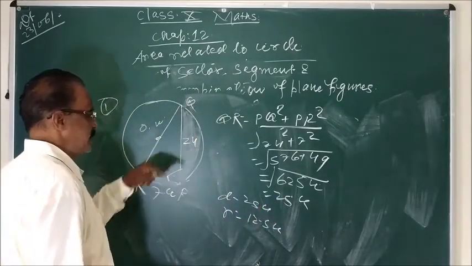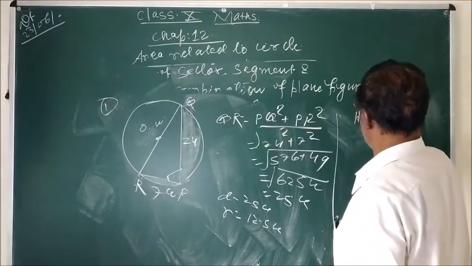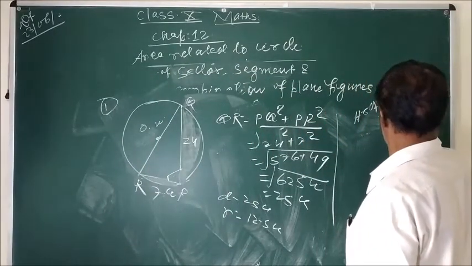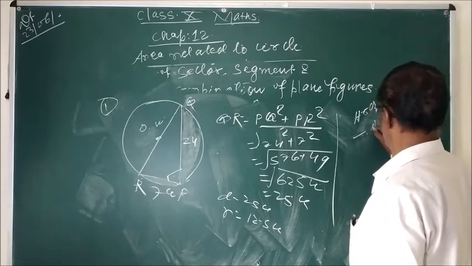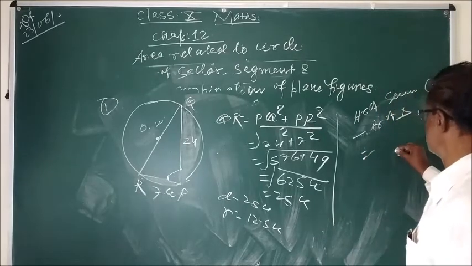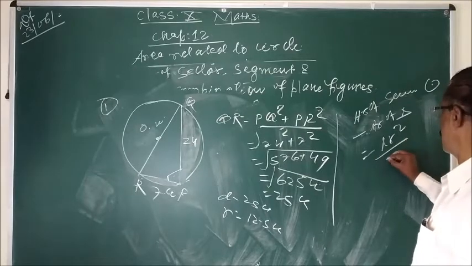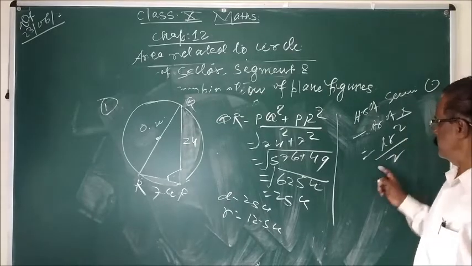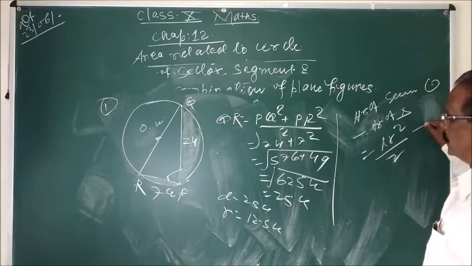Now you find the area of the shaded portion. How will you find it? Area of shaded portion is the area of the semicircle minus the area of the triangle. The area of a circle is pi r squared, and semi means half, so you divide by 2 to get the area of the semicircle, minus the area of this triangle.